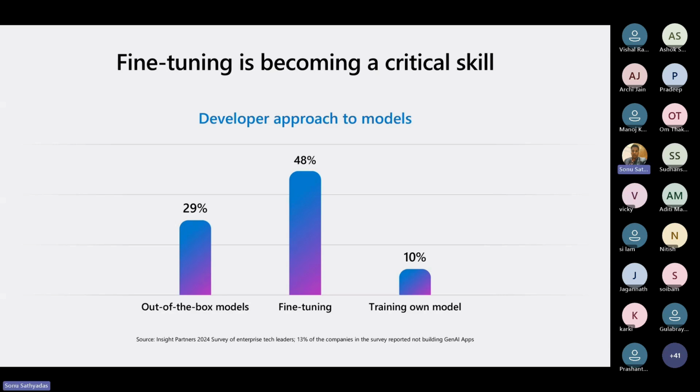Or we can also use the fine-tuned models. Around 48% of developers use fine-tuned models because developers are creating generative AI applications that are specific to the domain or that specifically deal with the organization data.